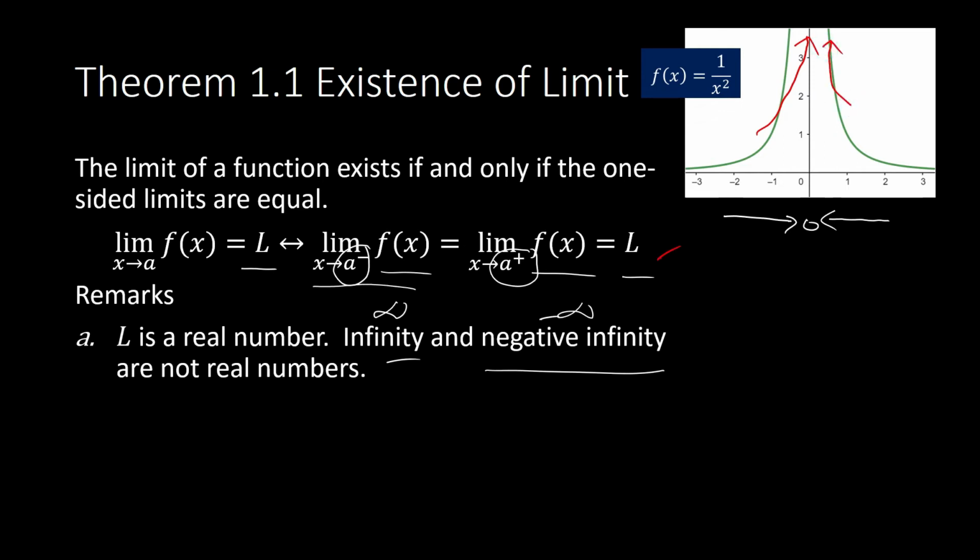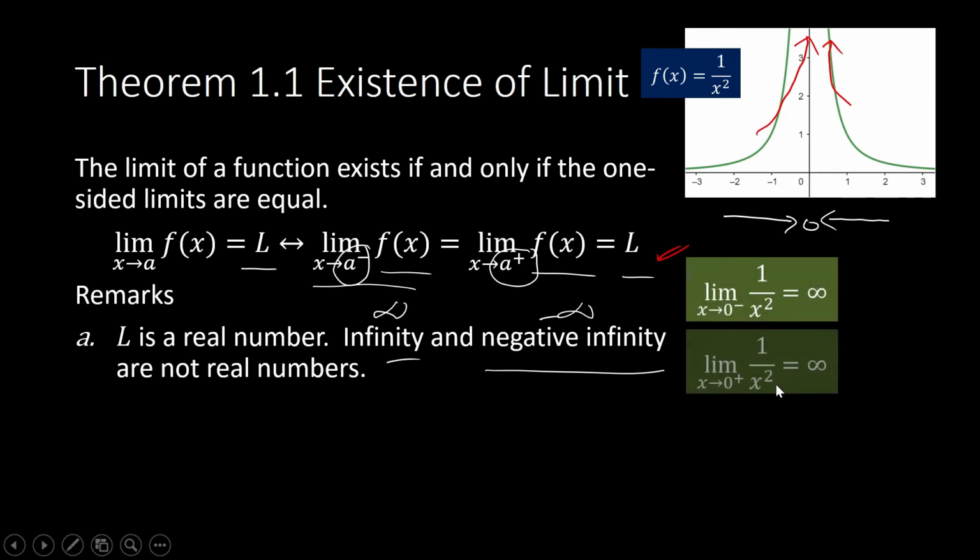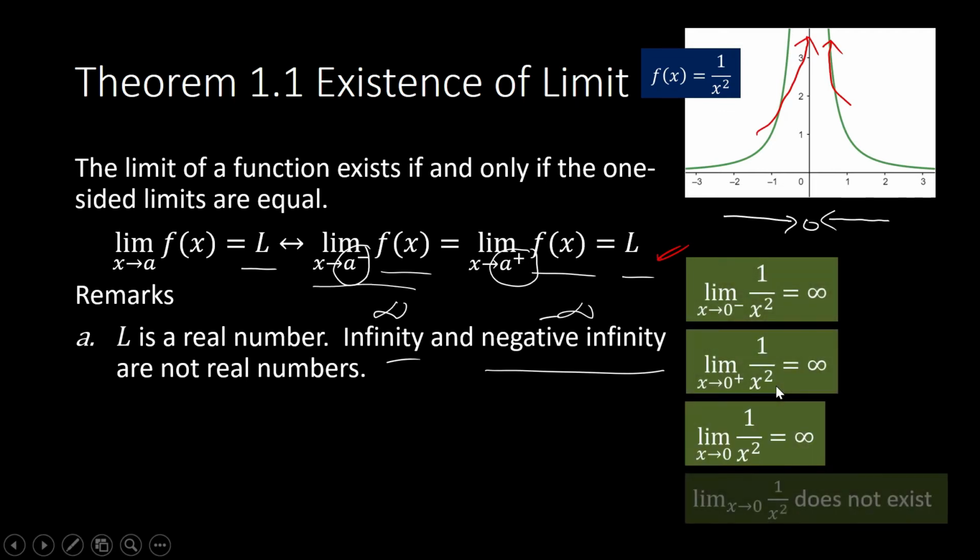So at first glance, this function as x approaches 0 seems to meet the criteria for the existence of limits. But no, it does not, because infinity is not a real number. So in this case, the limit of 1 over x squared as x approaches 0 does not exist.